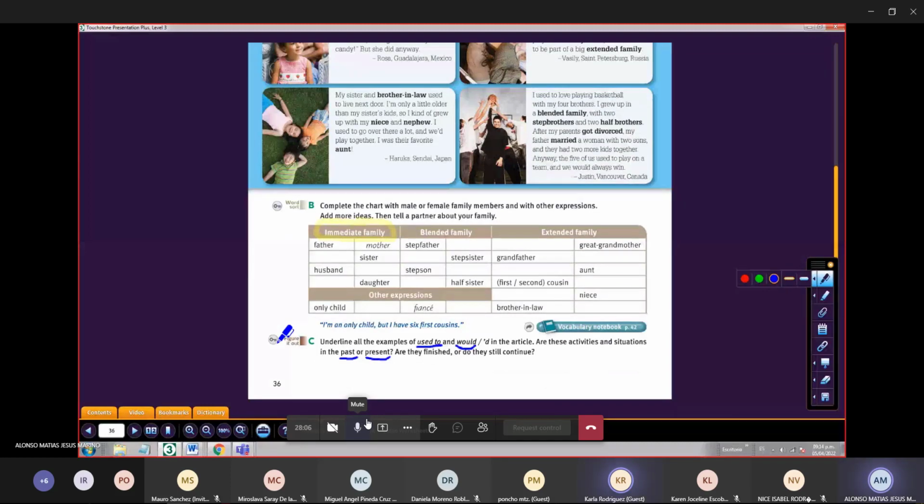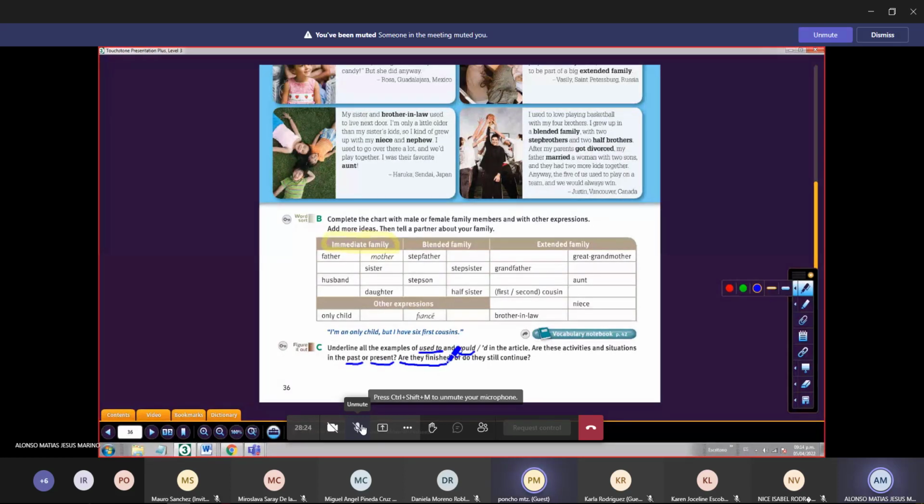Correct. Now, pay attention to this. This is the key. This is the key to understand. Okay. Now I ask you, and I want you to pay attention to this. This is the key to understanding this.